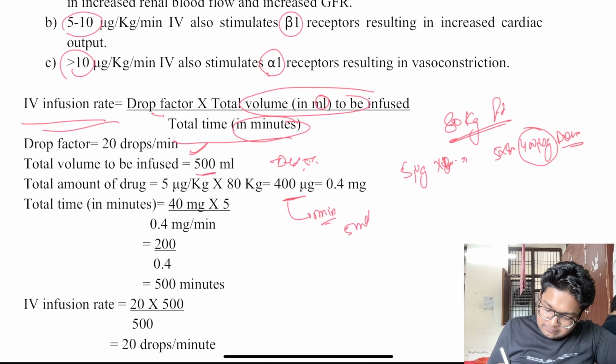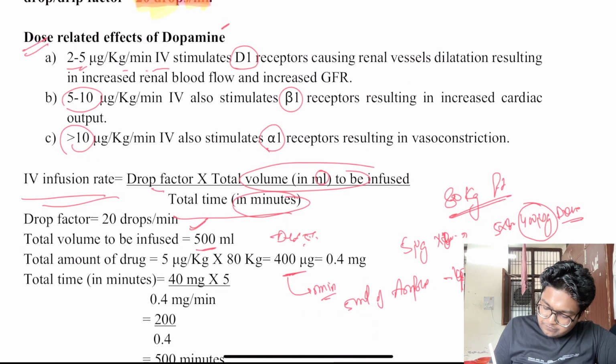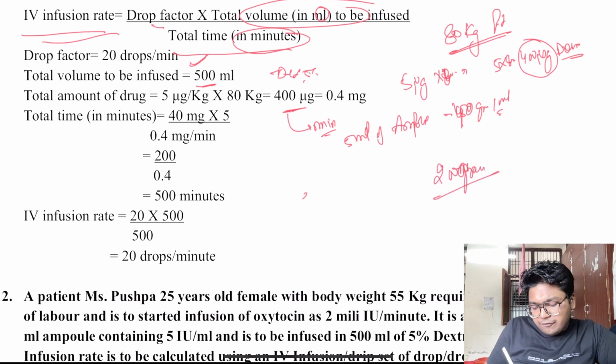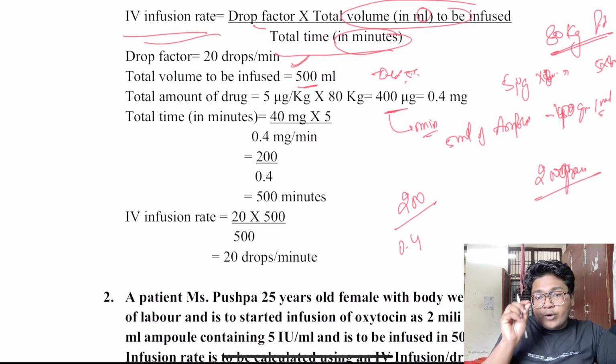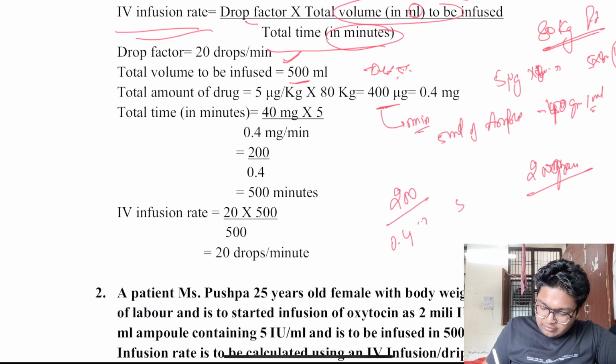We have a 5 ml ampoule containing 40 milligram per ml. The total is 200 milligram. If 200 milligram is divided by 0.4, because 0.4 milligram is required in 1 minute, this will be 500 minutes.